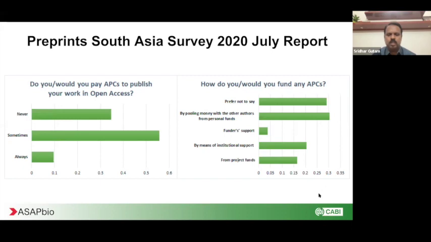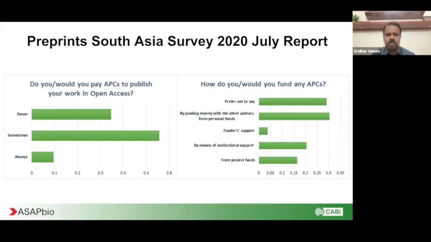Then we found there was a lack of advocacy and discussion on this mode. So we ran a survey in 2020, last year, when the pandemic was still on and lockdowns were happening, to know how our community looks at preprints.